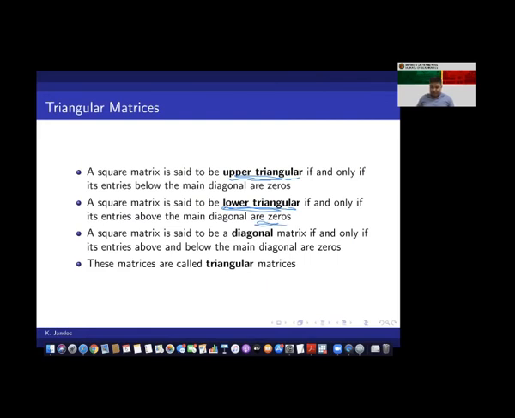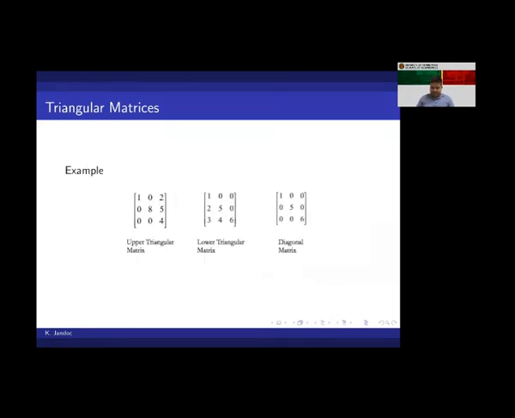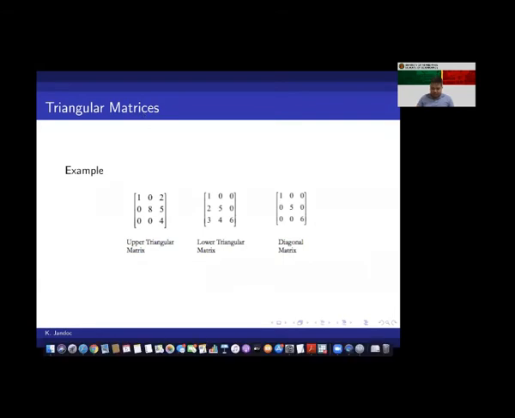A square matrix is diagonal if and only if the entries both above and below the diagonal are all zeros. Okay, these three matrices are called triangular matrices. So let's look at some examples. Again, the first matrix over here is an upper triangular matrix.